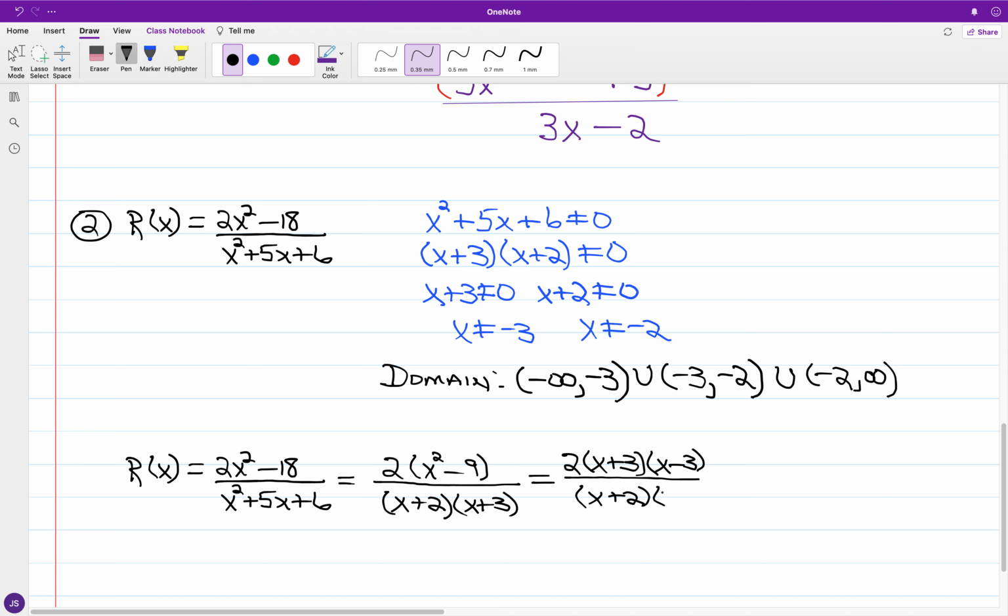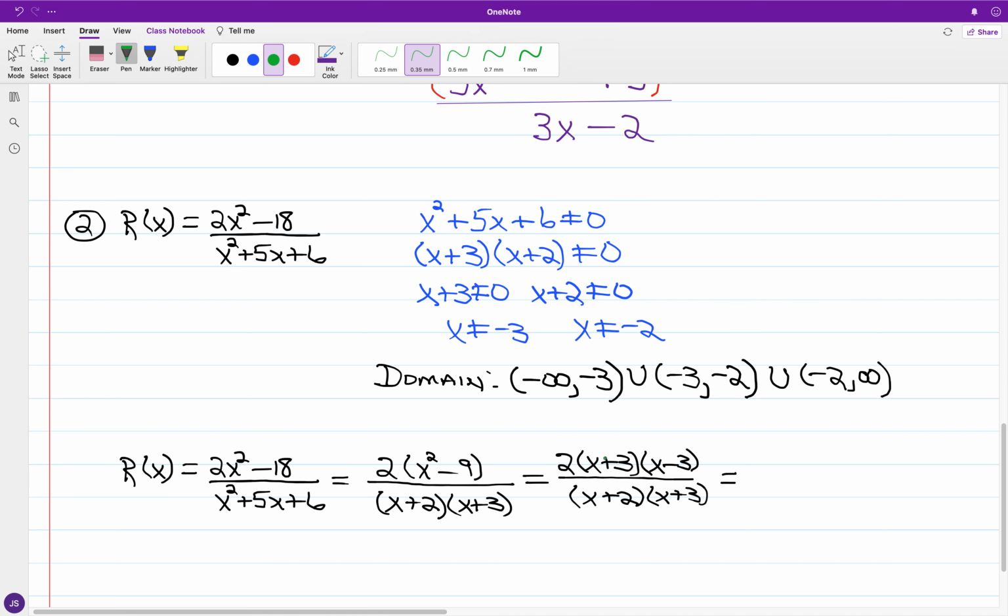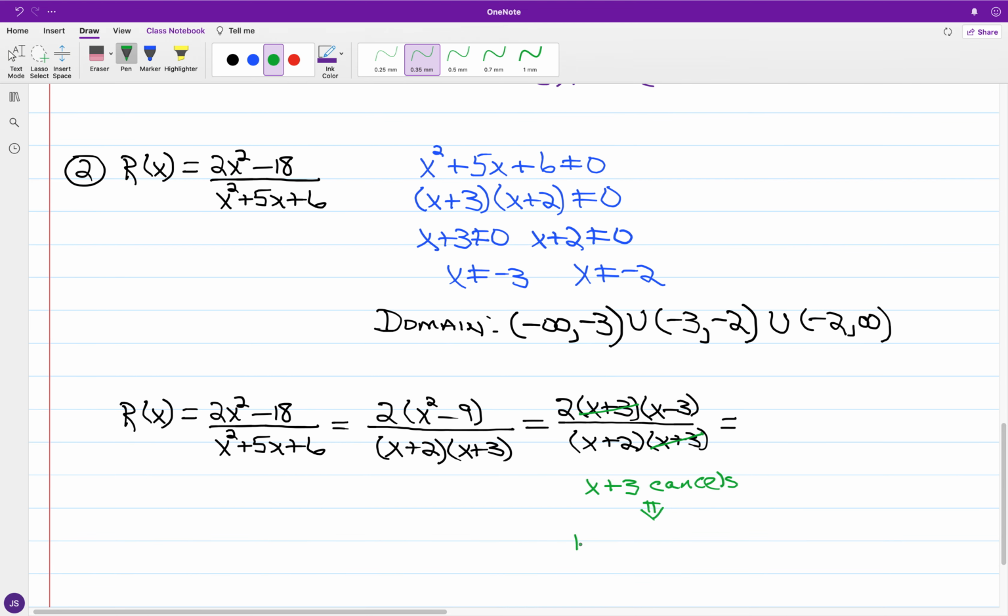Okay, so in the setup, if you notice, we now have like factors with x plus 3, so I can perform reduction. So x plus 3 cancels, and it's going to cancel completely, so x plus 3 is no longer in the denominator. So this is going to signal that there will be a hole at x is equal to negative 3.